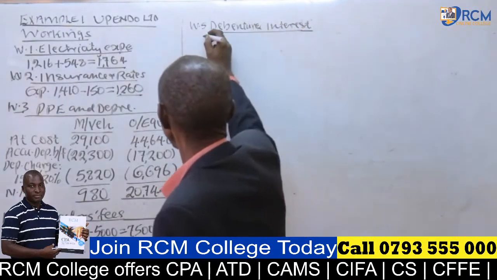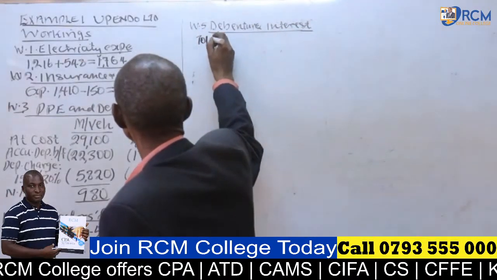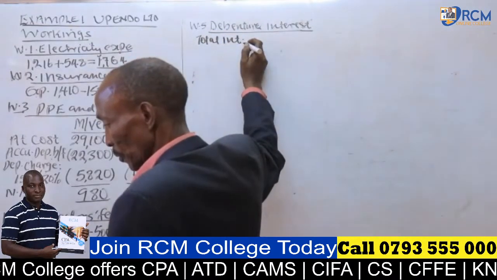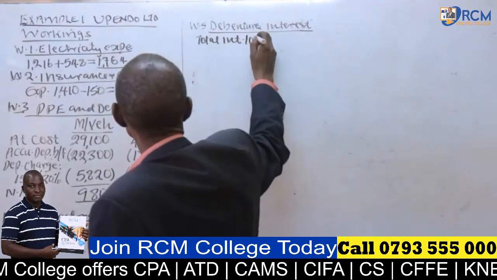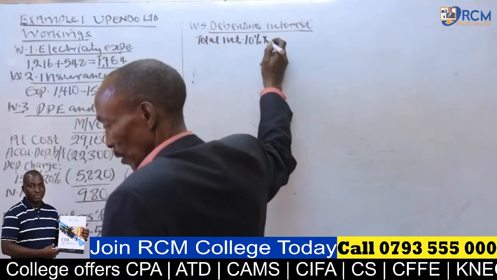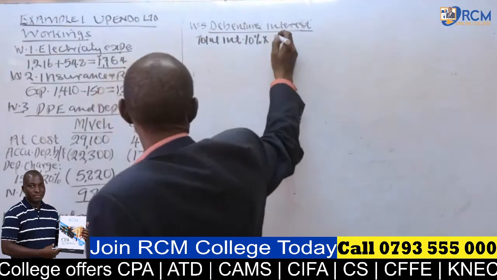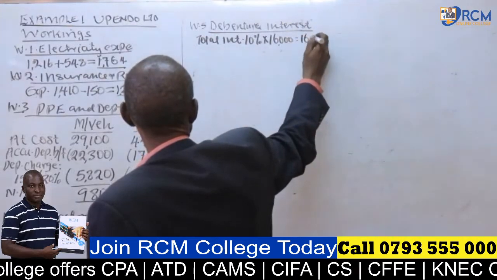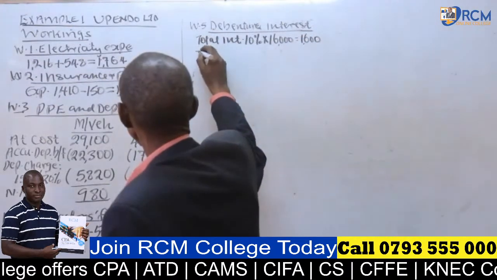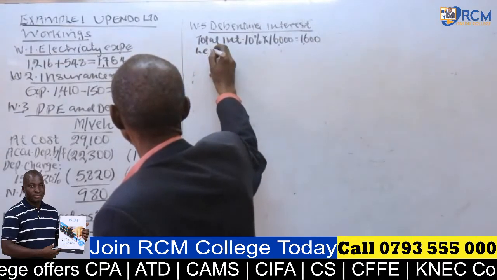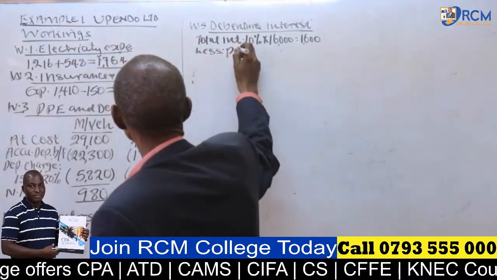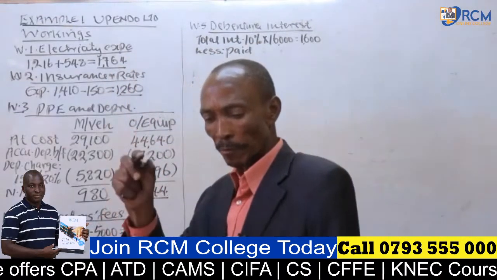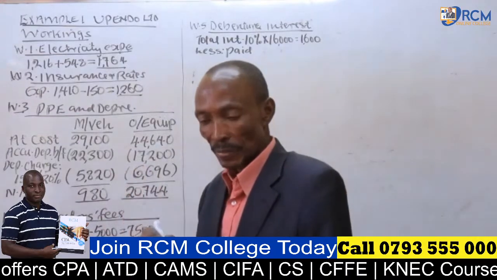The total amount of interest would be 10% of 16,000, that is 1,600. Then we have the interest which has been paid, according to the schedule of balances and items given there.